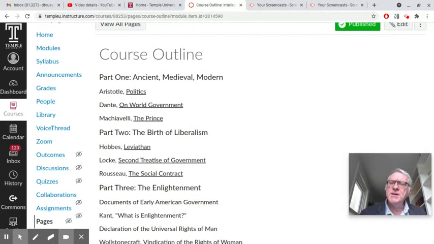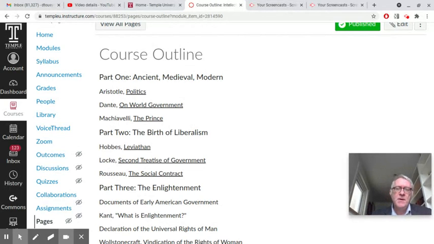But each one begins with the idea of an individual who in one way or another has freedom. And many of the things we take for granted in terms of political discussion, rights, freedom, liberties, law, limitations on law, these ideas are, at least in a particularly modern way, introduced by these thinkers.